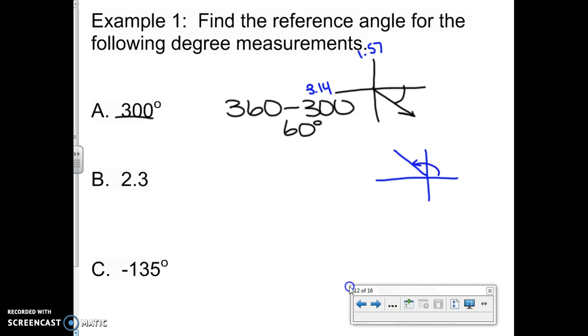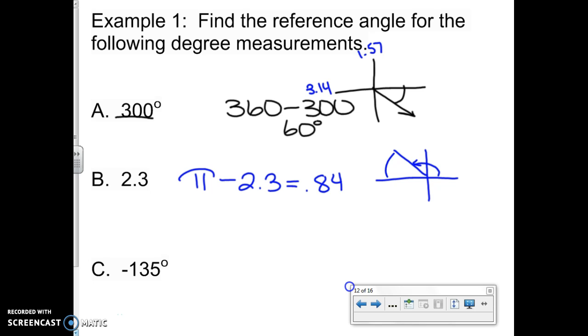So in order to figure out the reference angle, I want to finish going all of the way to pi. Very good. And all I would do is take pi minus 2.3 because I just want to finish out the journey to pi. So pi minus 2.3, 0.84. I'll take it. Very good.